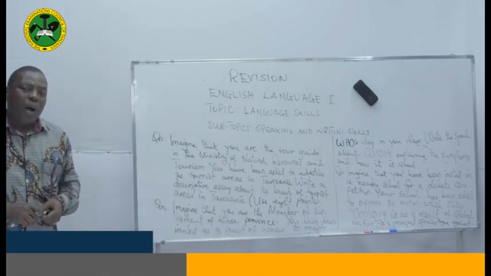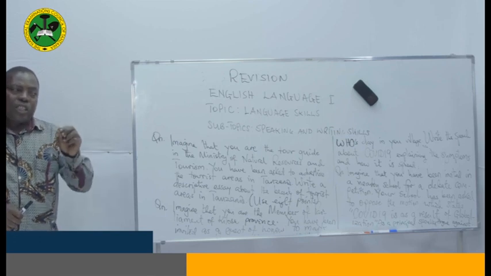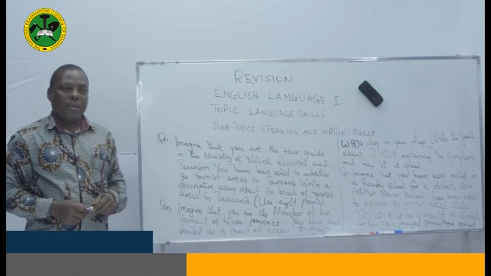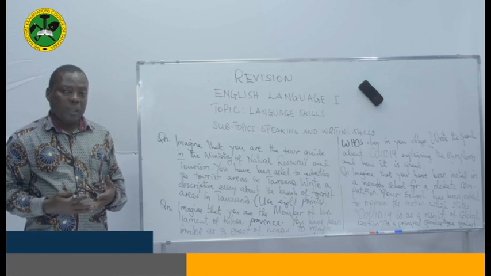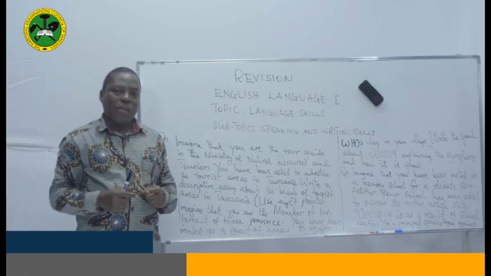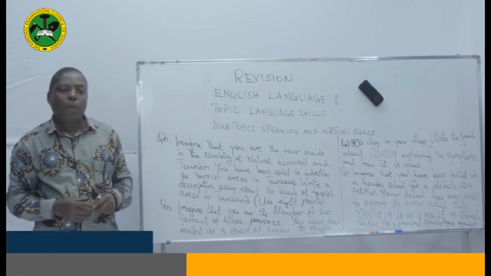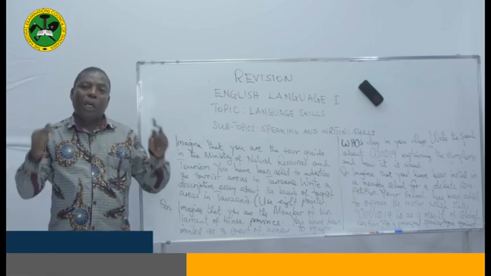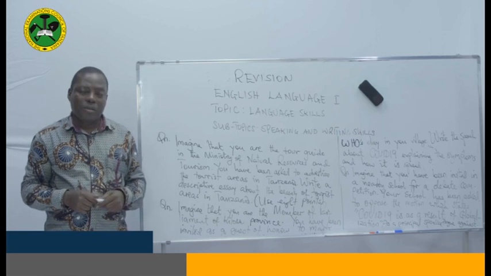Which means you have to select 8 tourist areas and give the description, trying to explain how beautiful they are, so that it can attract other people from different areas, including the Tanzania citizens themselves.